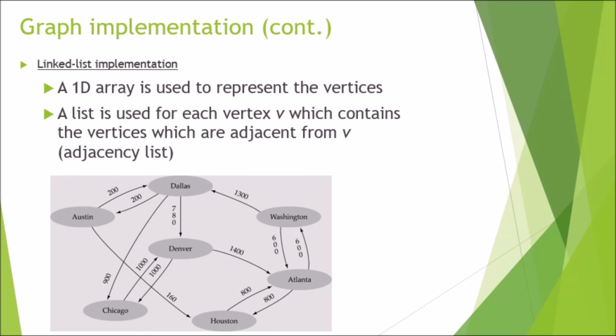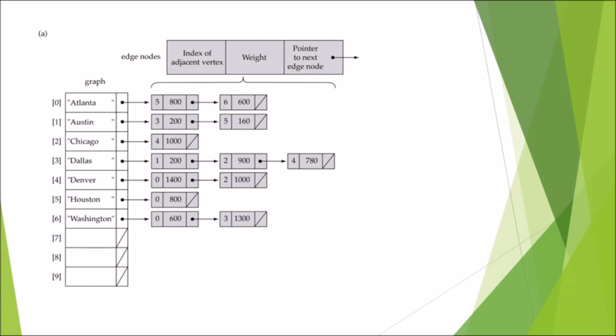Now let's move on to the graph representation in linked list form. As we can see in this diagram, the graph is represented in linked list form as the nodes are connected with each other. To represent a path from Atlanta, we can move to Houston by traveling a distance of 800 kilometers, and then we can go to Washington by traveling a distance of 600 kilometers.